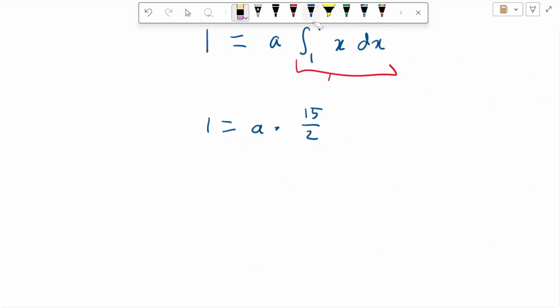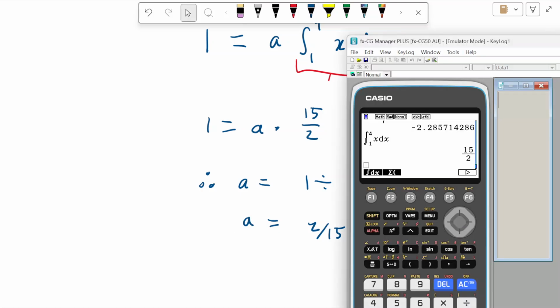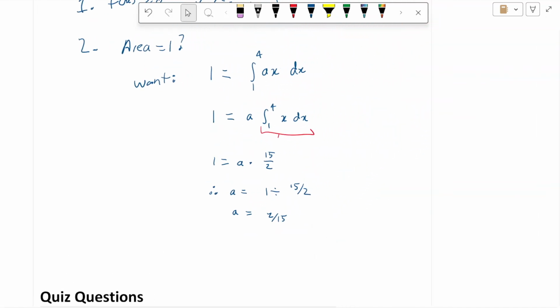And then we can just rearrange that for a. So therefore, a is 1 divided by 15 over 2. If you like fractions, you'll know that's 2 over 15. If you don't like fractions, good news, we've got a calculator. So you can just do 1 divided by 15 over 2. You'll get that number, 2 over 15. Cool. So that's exactly right.